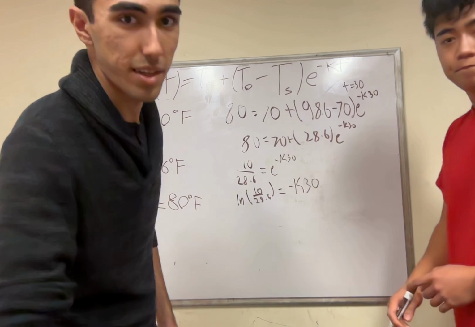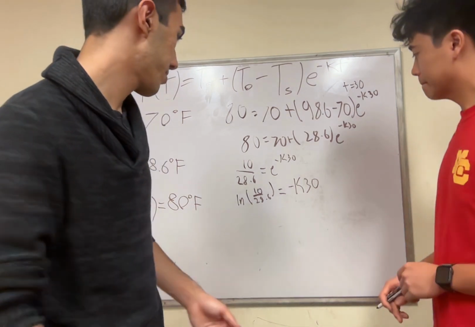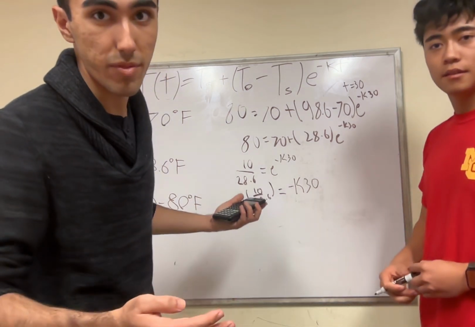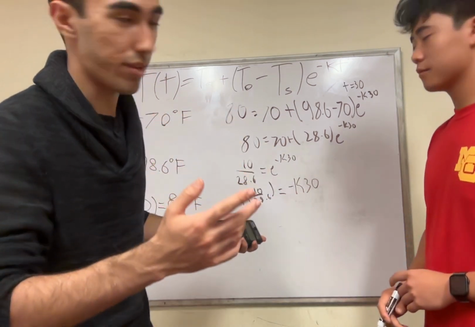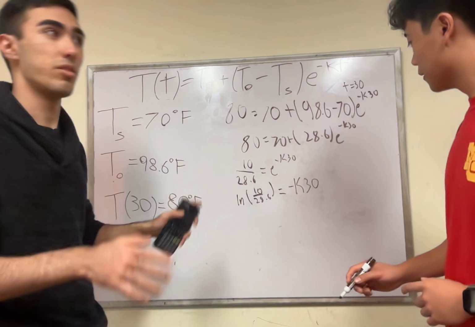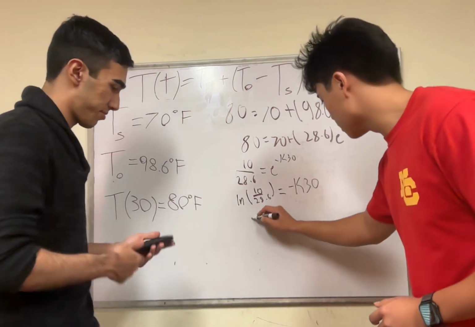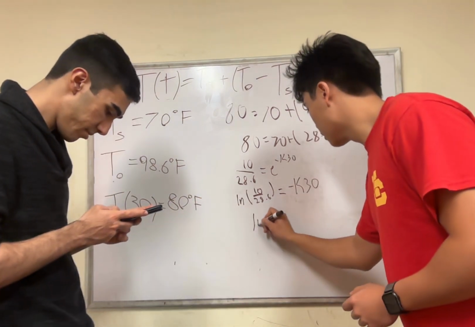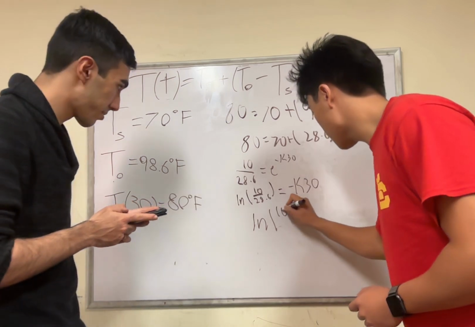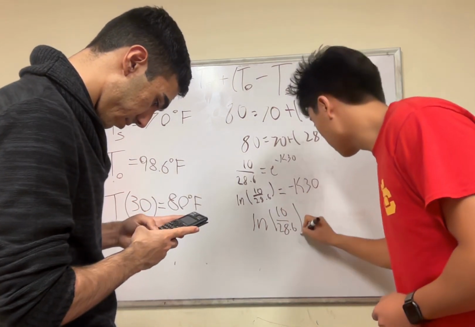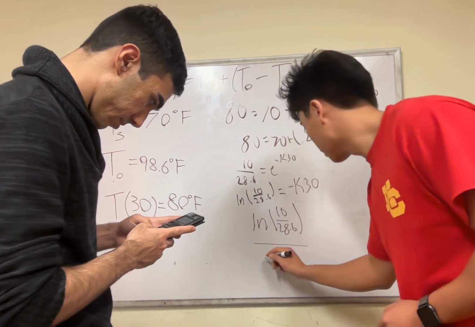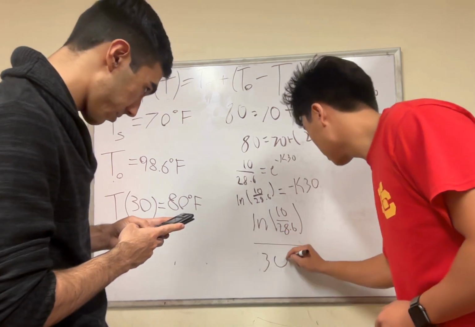Okay, so now all that's left to do is divide by 30, and divide by -1, or multiply by -1, I mean, and then we can get just k alone. So we can easily do that. So it's just natural log of 10 over 28.6 all over 30, times -1.